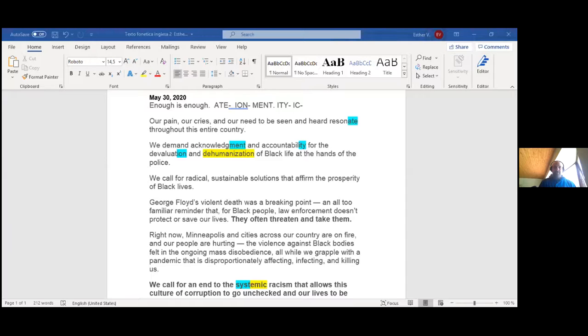The word in yellow, dehumanization, it's a very complex word to say. The root probably is, what do you think? What's the most basic component of this word?